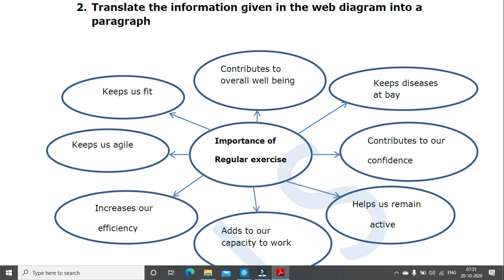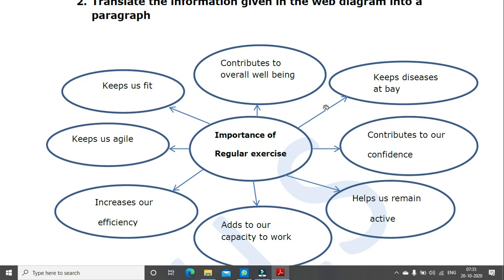Now, as you finish writing each point, sometimes maybe you started with this, then you went to this, so you may miss out a point. So as you finish, just make a tick. Okay, this is over. Next one, make a tick. Then I wrote this point, make a tick. So you're not missing out on any points. And then put this all in the form of sentences and make it into a paragraph.